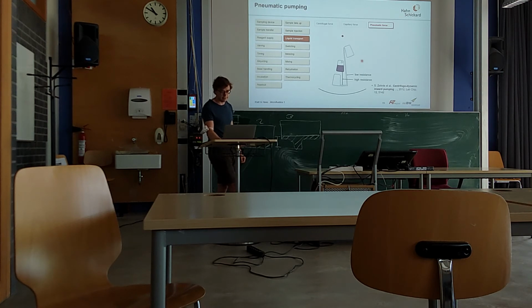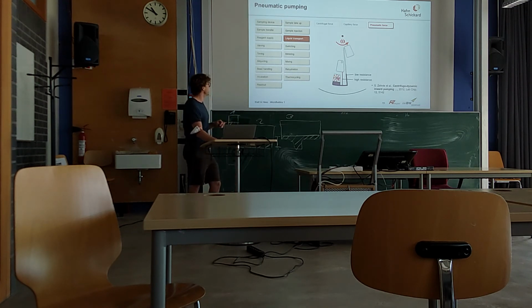So the idea here is that you start rotating and the liquid gets distributed within your structures. The chamber down here is closed, so that the air can't leave the chamber. And when the liquid moves into this chamber, it compresses the air and you have a pressure that builds up within this chamber.